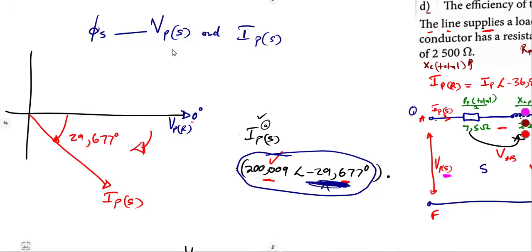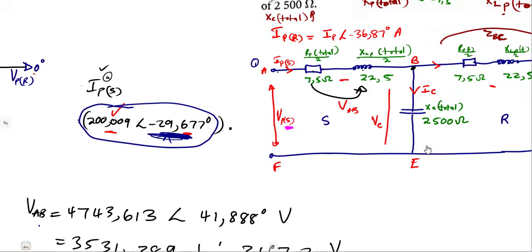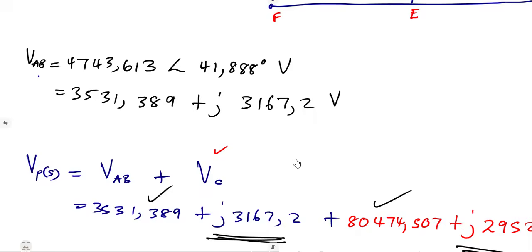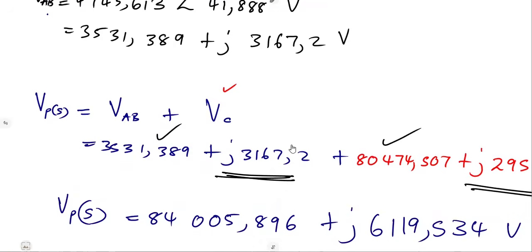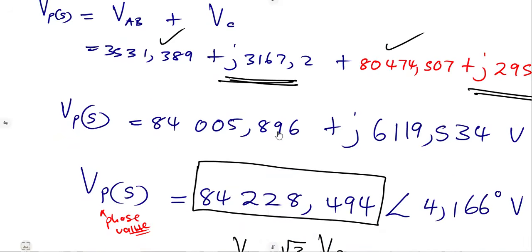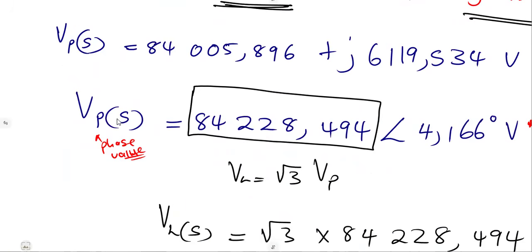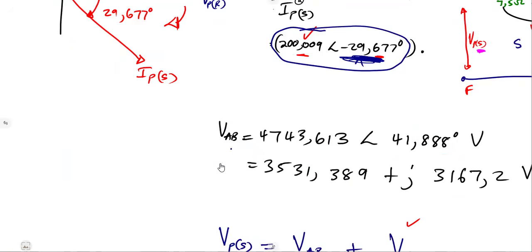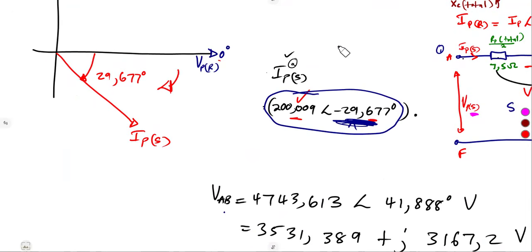What about the voltage? Because we are comparing with the sending end voltage. If we check properly, the sending end voltage we calculated, this is the one that we had here. Its angle, this phase value, is 4.166 degrees. That is the angle that we calculated. It is positive, a positive angle.